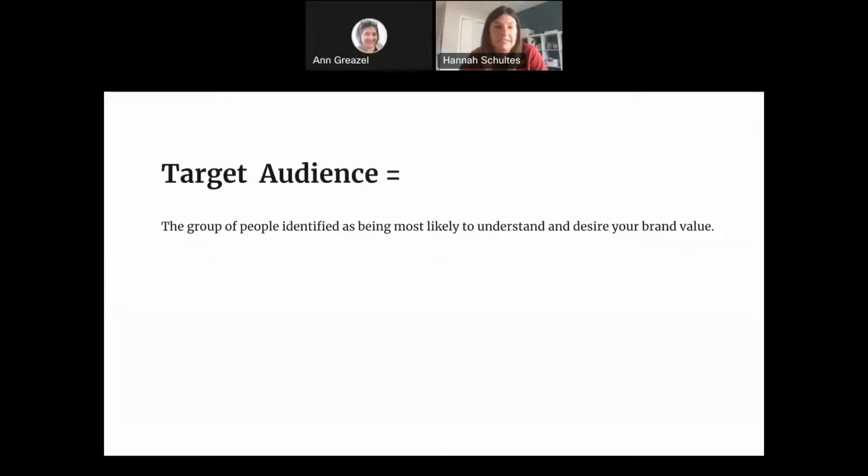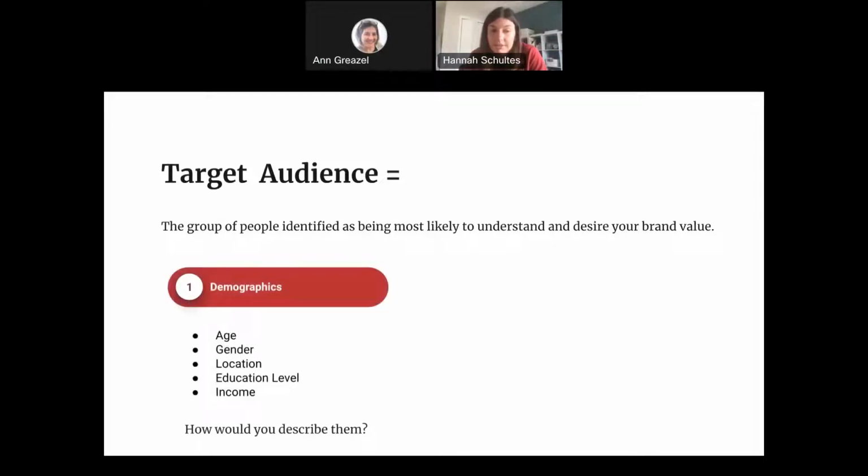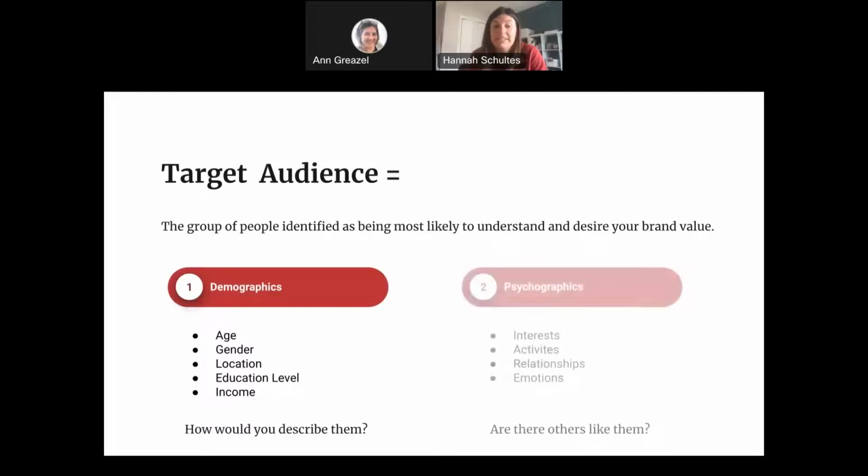So we're going to start by defining the target audience as the group of people identified as being most likely to understand and desire your brand value. We can break that down a little bit more broadly into two groups of demographics. How would you describe them? By age, gender, location, education level? Or by psychographics?